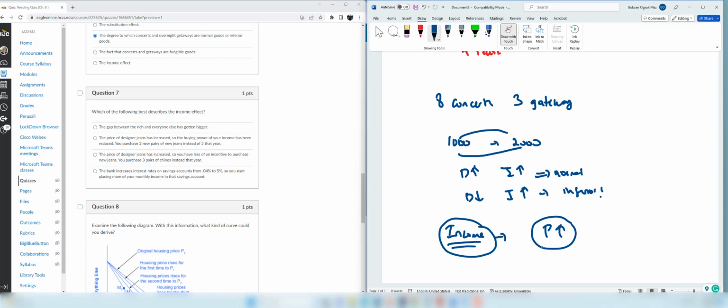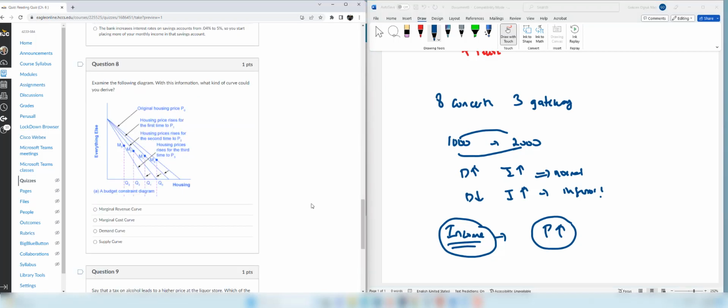Why? Because one of the goods is more expensive compared to past consumption. Therefore, the income effect tells us that the price of designer jeans has increased, so the buying power of your income has been reduced. You purchase 2 new pairs of jeans instead of 3 that year.